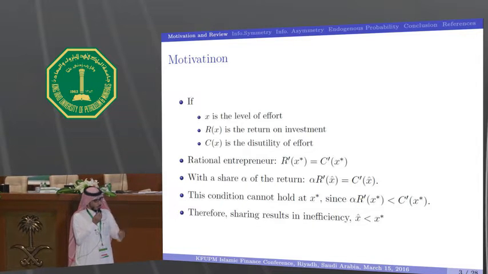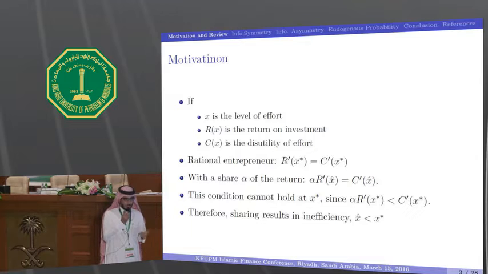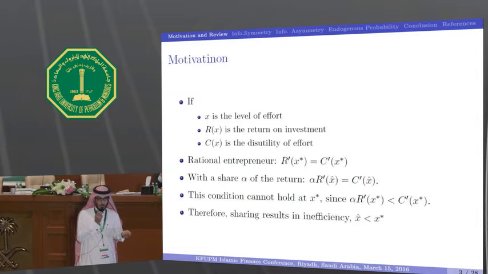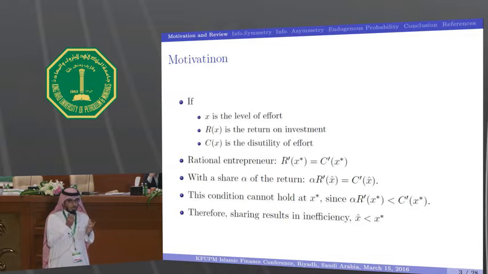In the second one, under sharing arrangements, he is going to get only a fraction of the marginal return. In that case, he will not exert the same optimal effort as he would under having the full marginal return.